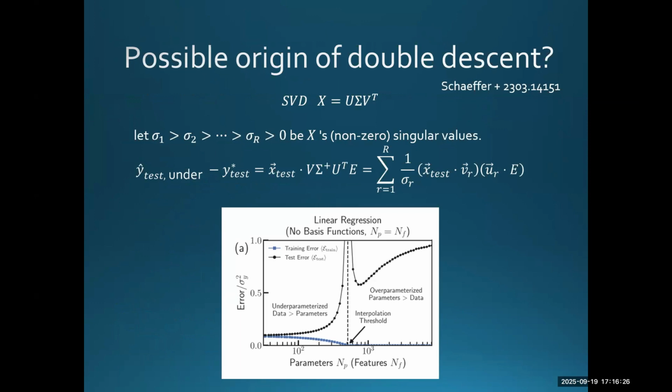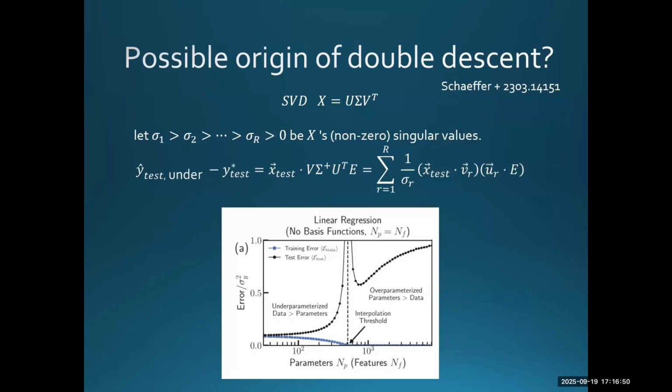Now again, move to double descent. What is the origin of double descent? There is no resolution so far, but one idea is this one. This is the input picture matrix. You can use singular value decomposition and get the eigenvalues.